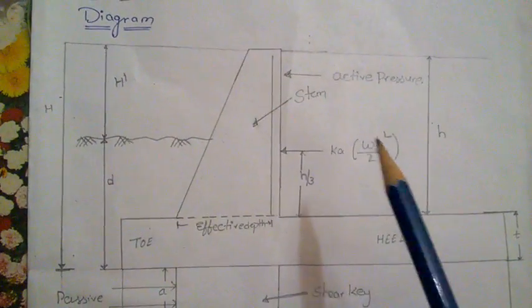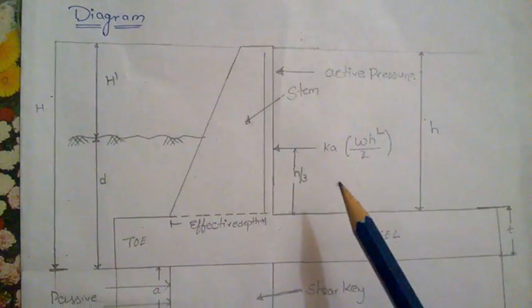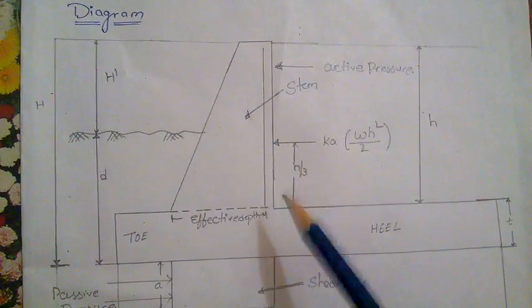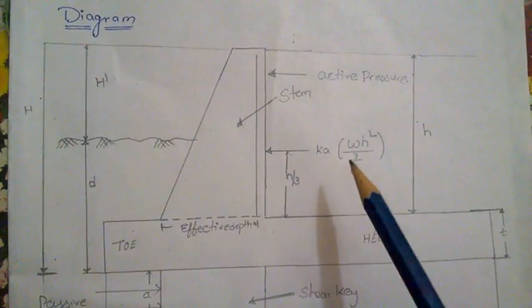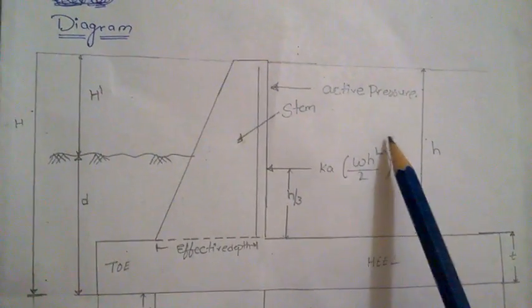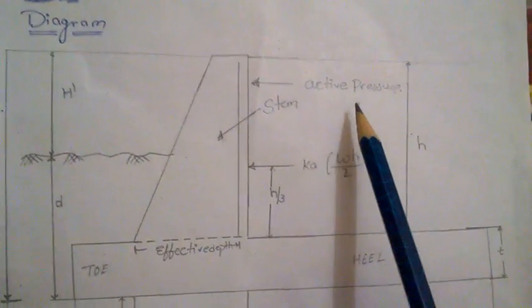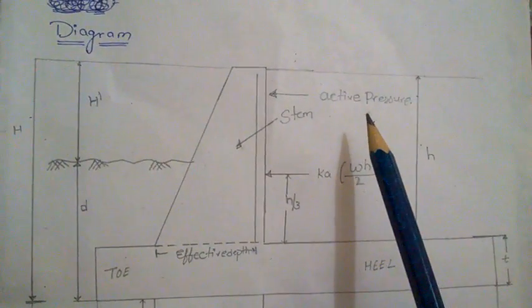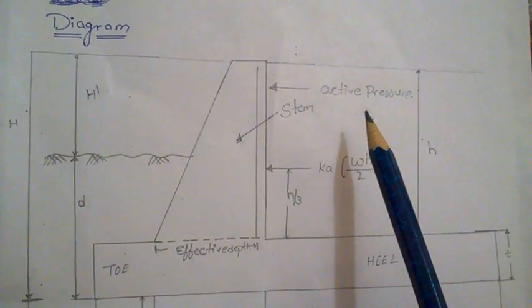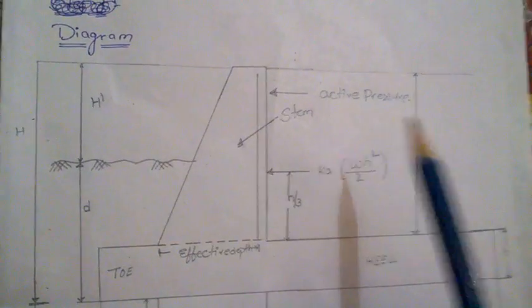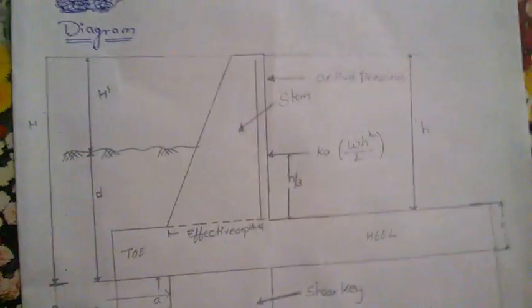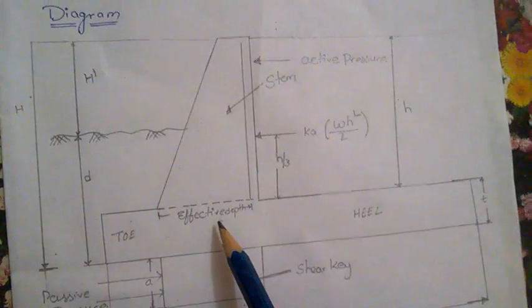And this is the active pressure. Active pressure means this active pressure comes from the surcharge, and this is the effective depth.